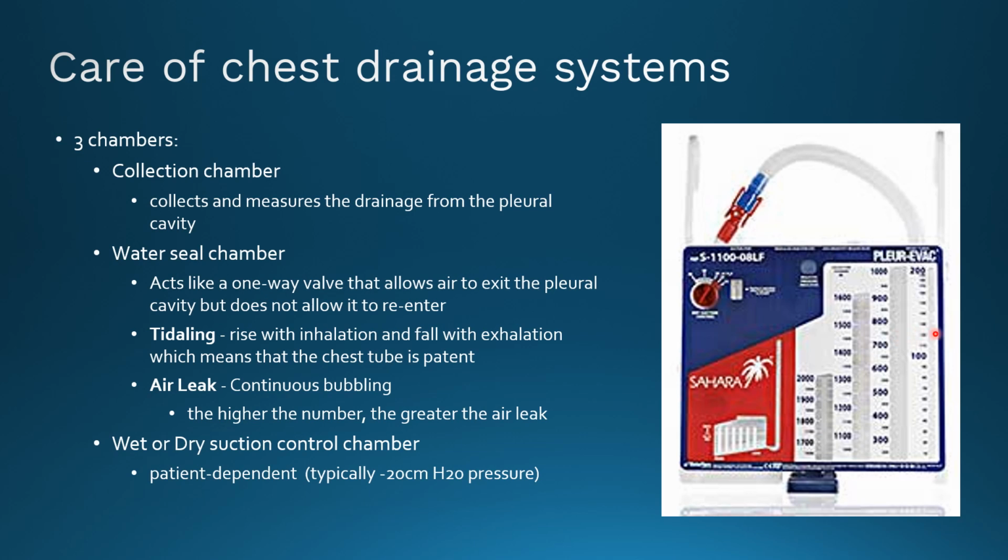We would draw a line on this chest tube and put the date and the time. And then the next nurse knows that the beginning of their shift starts at 120. So if that patient at the end of their shift has 180 mLs in their chest tube drainage system, they know that 180 minus 120, that patient had 60 mLs of output on their shift.